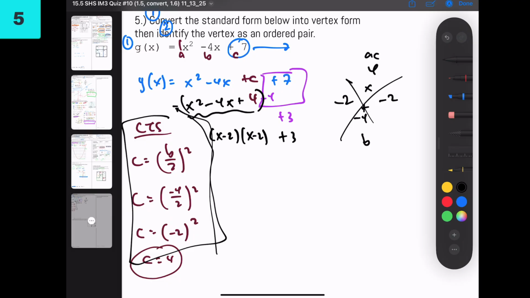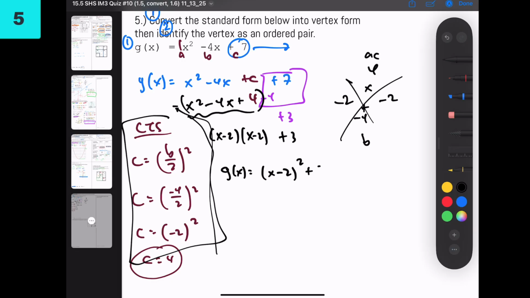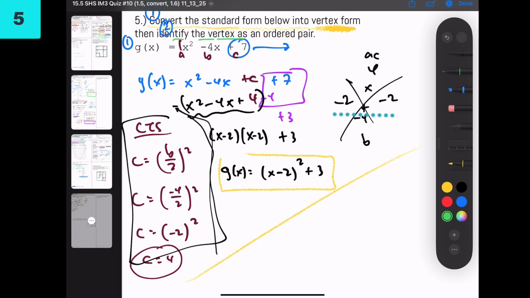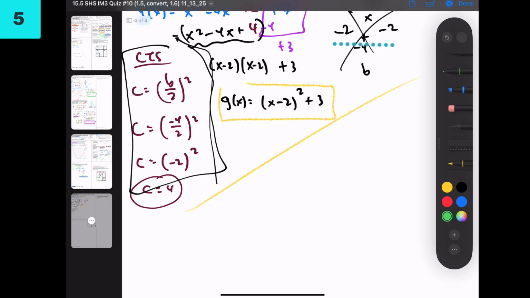And this is my equation in vertex form. But number 2, we have to now identify the vertex. So you copy that.